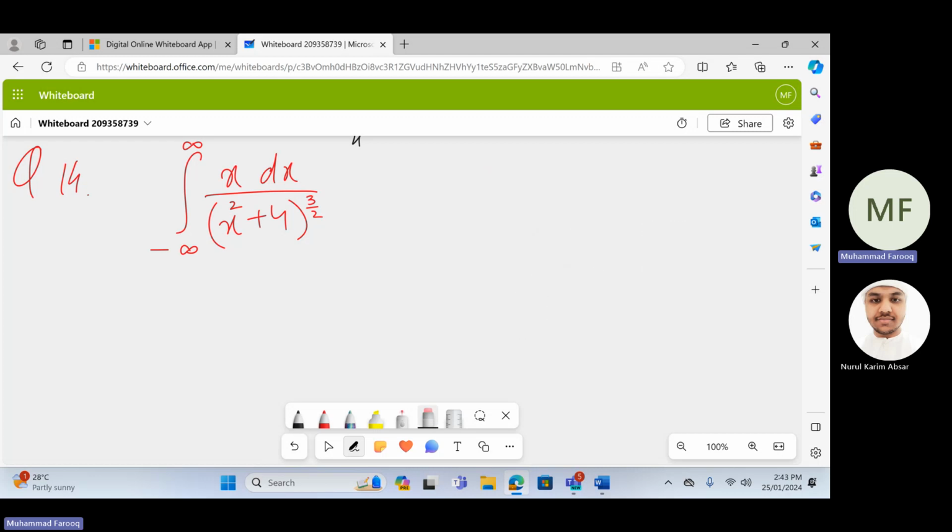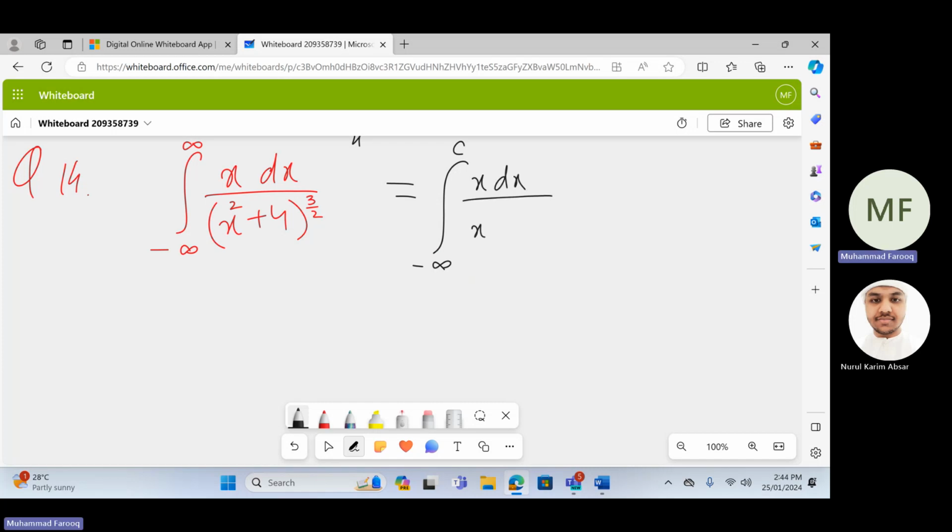You know very well we can break this integration at some constant. What is that constant? No need to mention. So first, negative infinity to C. We're not interested in its value at all. Copy and paste the same question.